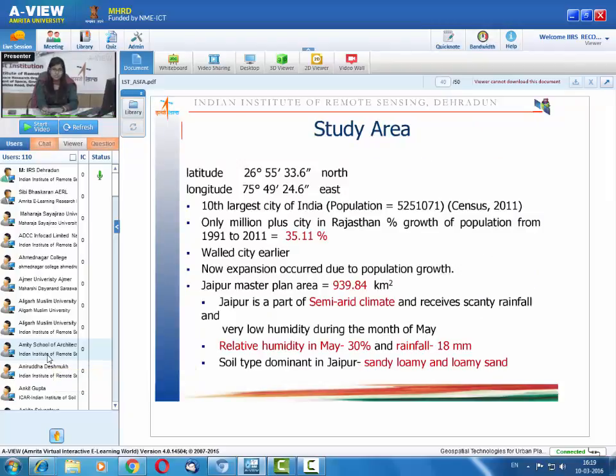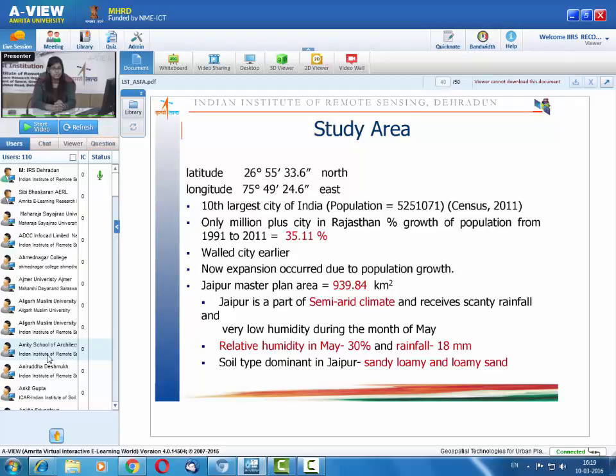We are discussing Jaipur, which is the 10th largest city in India. We all know that it was a walled city earlier and has local materials used for the construction of Jaipur city. The percentage growth was approximately 35%, and it has approximately 950 square kilometers of master plan area, a semi-arid climate, and very low humidity during months like May and June.